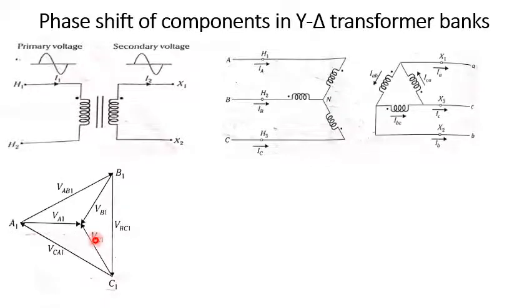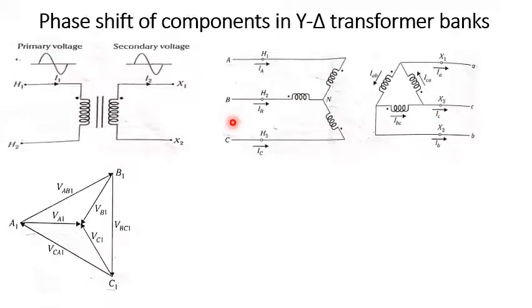According to that ANSI standard, for the designation of terminals, the voltage of the HV side, that is H1, should lead X1 by 30 degrees. Similarly H2 should lead X2 by 30 degrees, and similarly for H3.